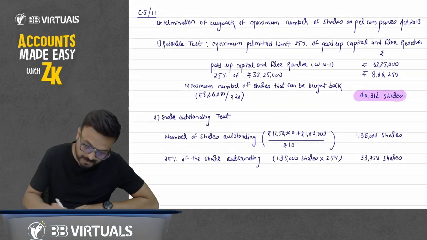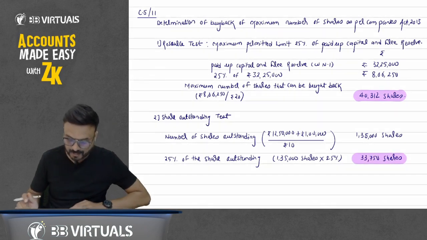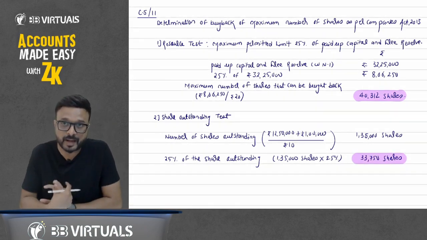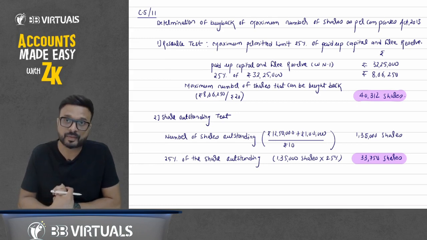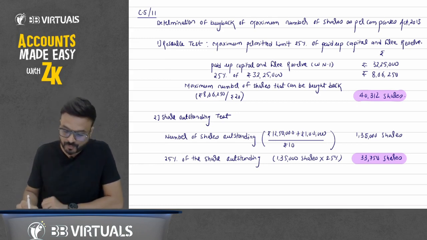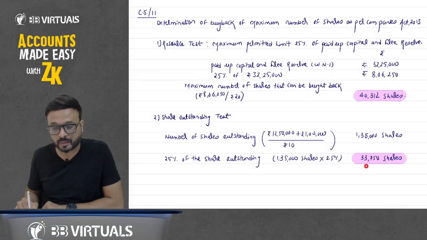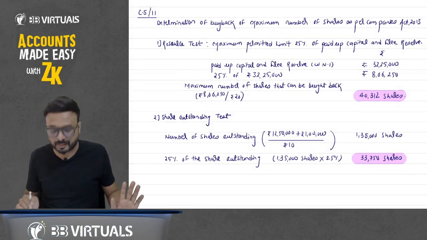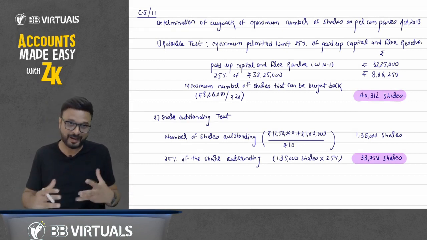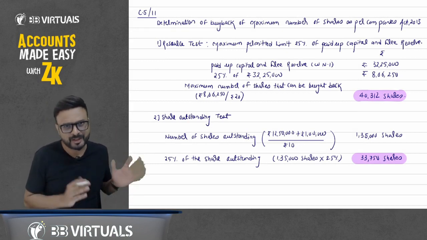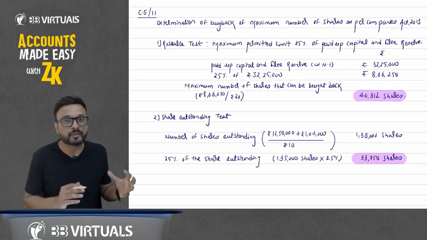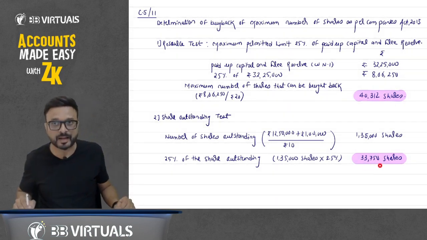So as per the share outstanding test, the maximum number of shares that we can buy back is 33,750. Here it is 40,312. As per first condition 40,312, as per second 33,750. How much do we want to buy back? We want to buy back 25,000 only. So there is no violation of first test, there is no violation of second test. It is lower than this and lower than this.